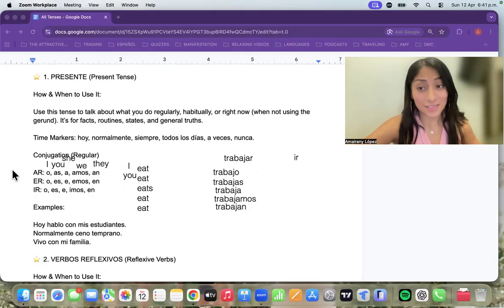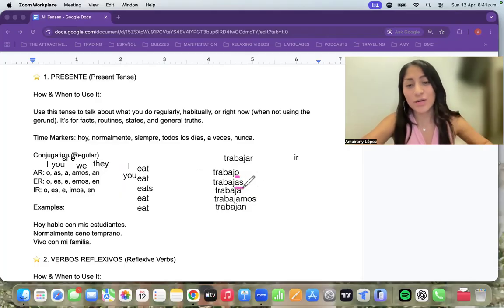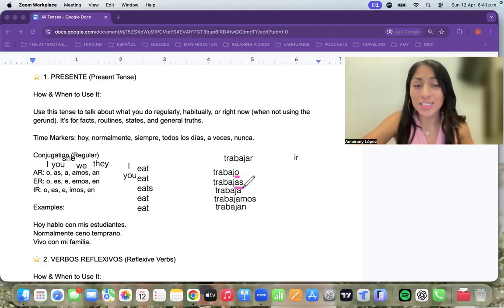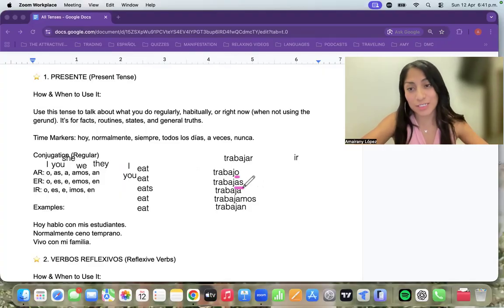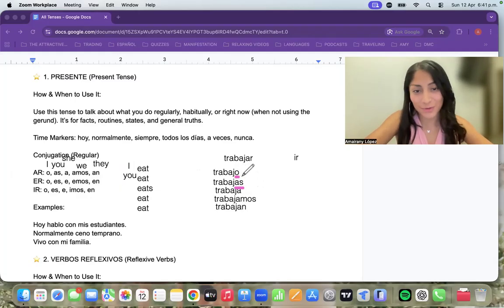Well, in Spanish, it doesn't work that way. In Spanish, all you need to do is make sure that the ending is correct. And then that alone tells you who is doing the action and when this person is doing the action. So if I have trabajo like this, that already means I work in the present tense, okay?